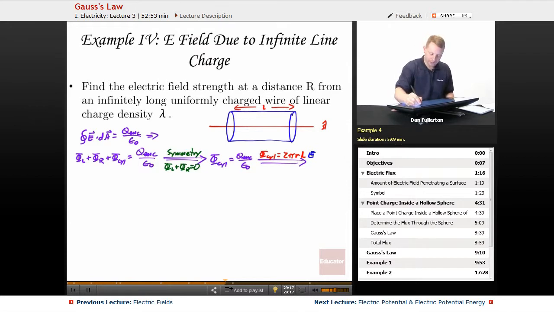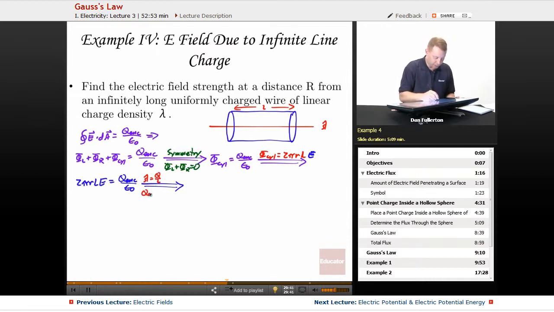So we can then write that we have our 2 pi r L times our electric field equals our enclosed charge divided by epsilon naught. Now we'll go back to our linear charge density lambda, which we know is total charge divided by length.